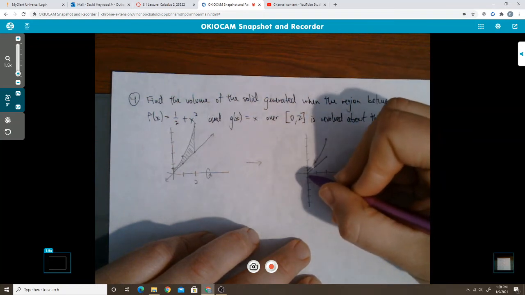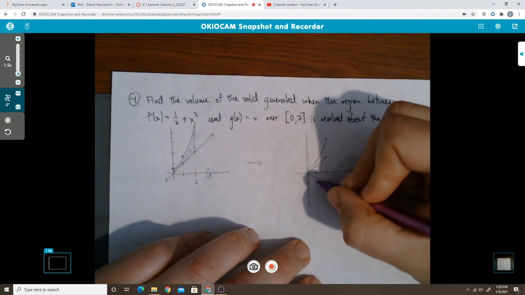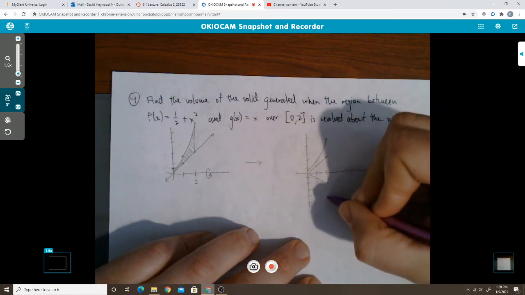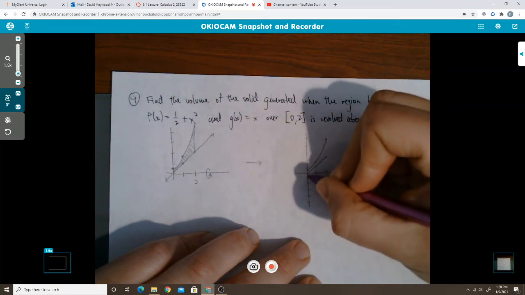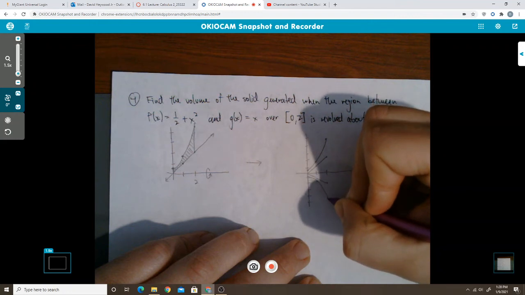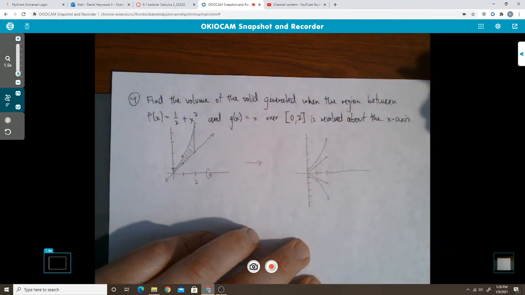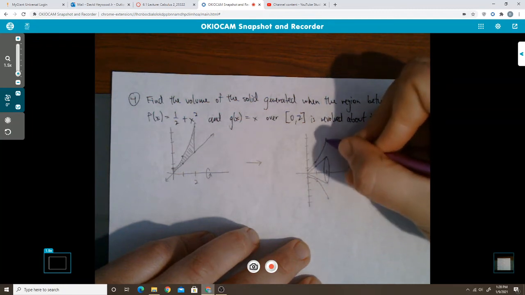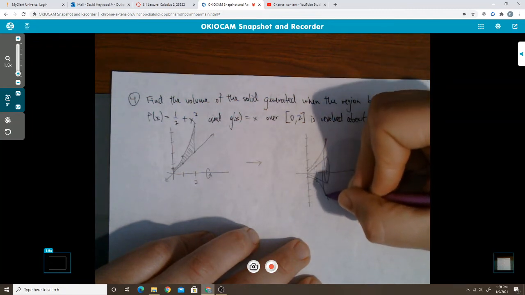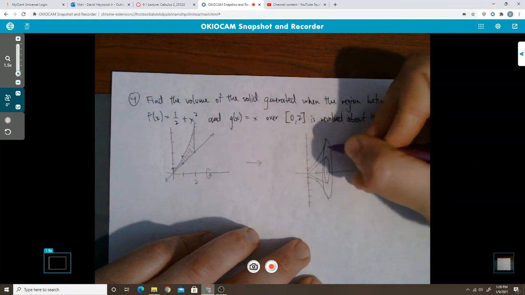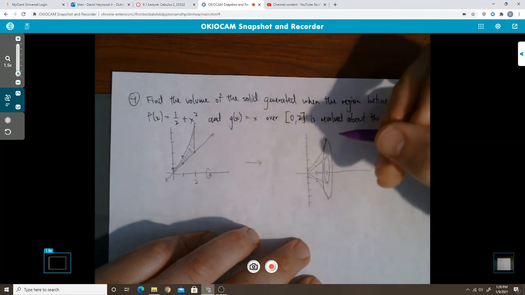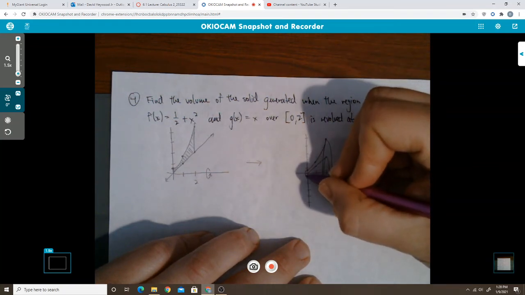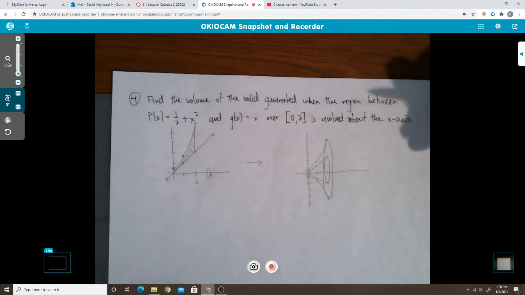It makes this kind of a shape. It makes almost this weird cone type of shape, I guess. It's this really weird kind of cone type of thing, right? Okay.